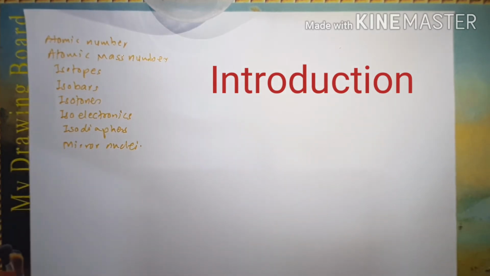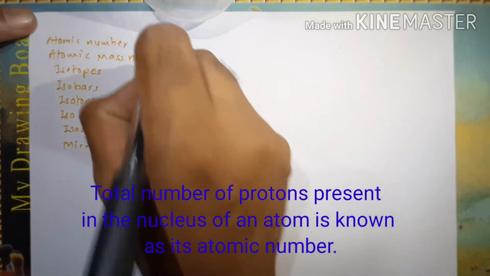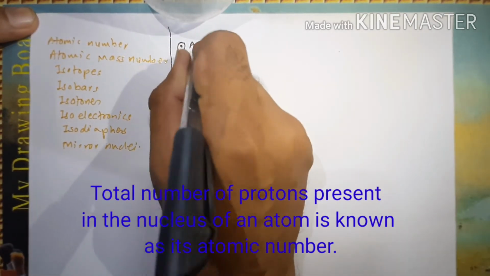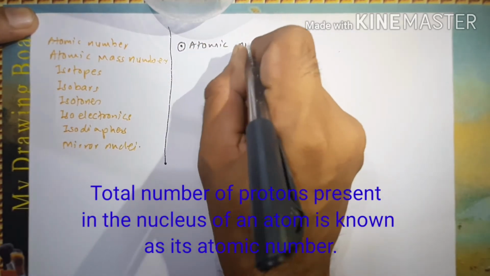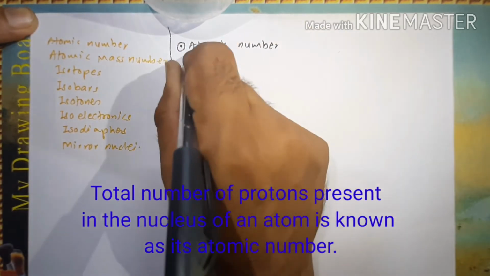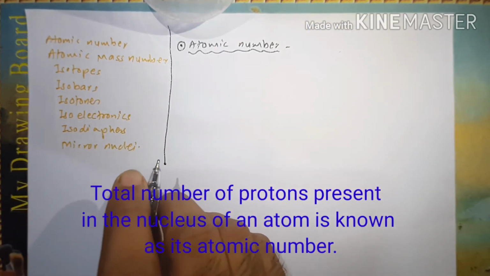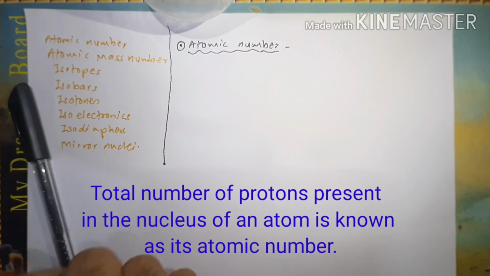First one, atomic number. Atomic number can be defined as the total number of protons present in the nucleus of an atom.